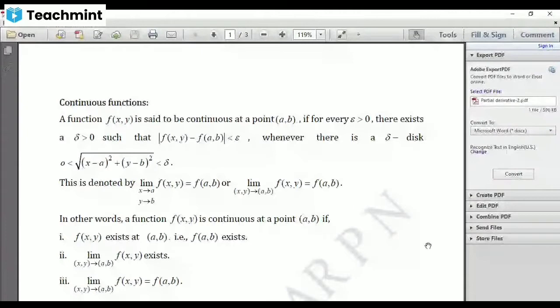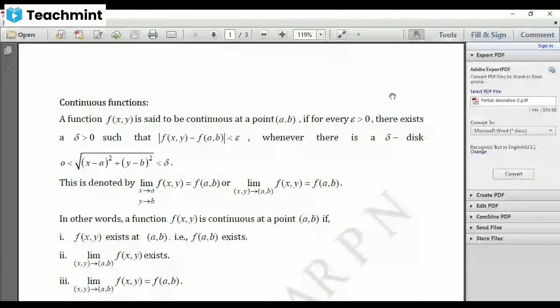So we have to consider a point a comma b on x and y axis. That is, you take a point, right? Draw a delta disk. Then you find the image of that. That will be in space, 3-dimension, with order triplet x, y, and f of x, y. That is x, y.